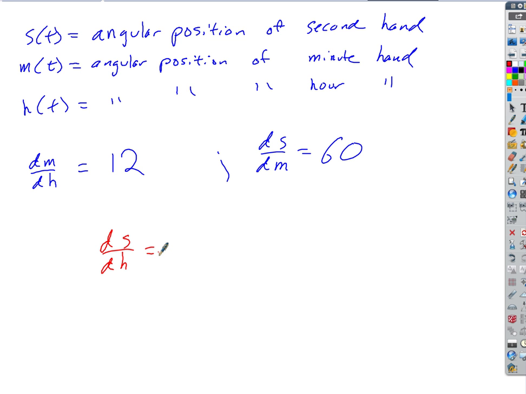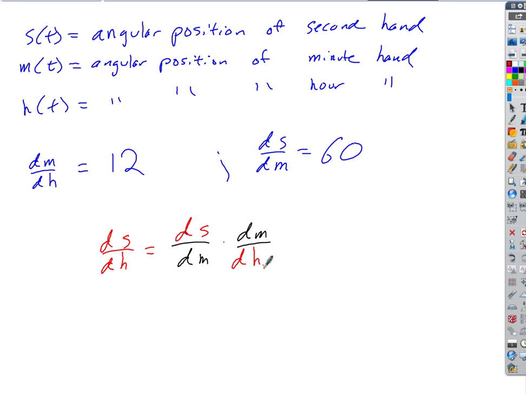So we're going to end up with dS/dM times dM/dH. What do you notice algebraically is happening here? If we write those two rates down, algebraically, yeah, the dMs are canceling, right? So that's one way of writing the chain rule.